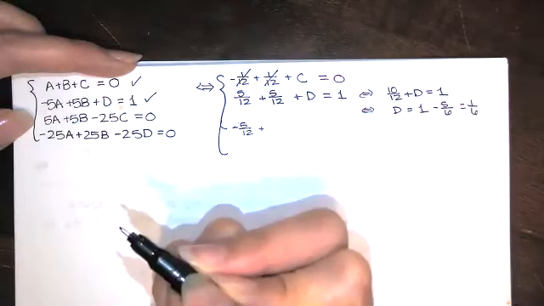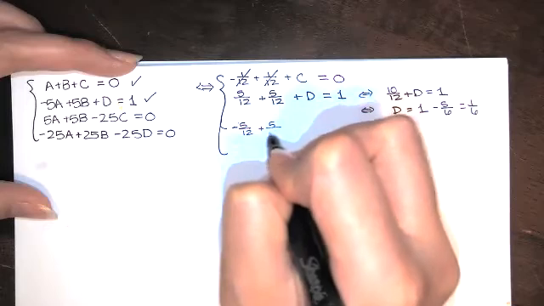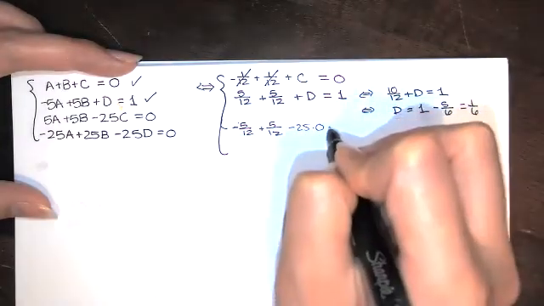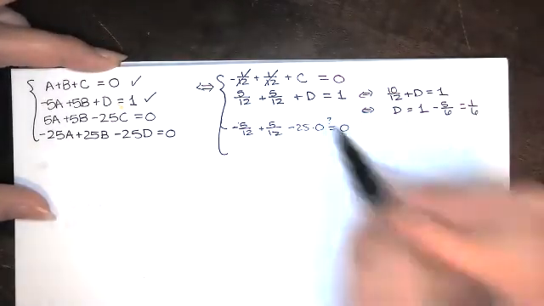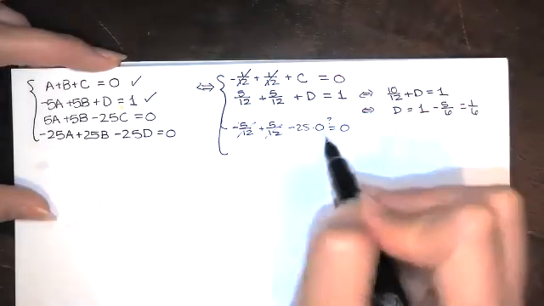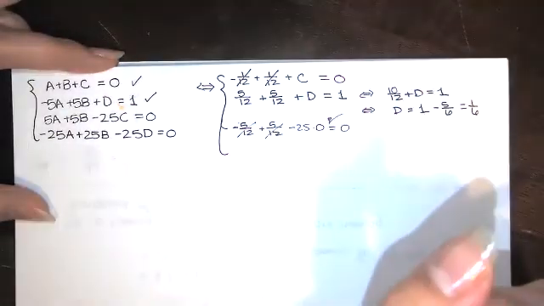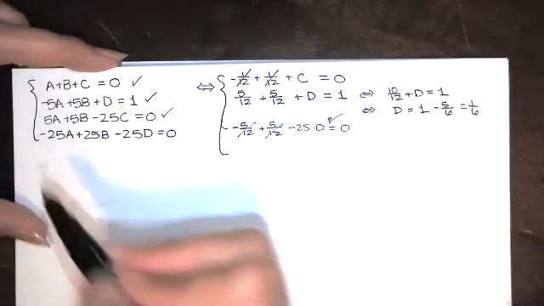If b is 1/12, that second term in the third equation becomes 5/12. And then we've got minus 25 times c, which is 0. And we put that in the equation, and the question is, is that true? Well, that cancels with that, and we have 0 equals 0. So yes, that's true. So that means at least our c value is consistent. So we're good there.